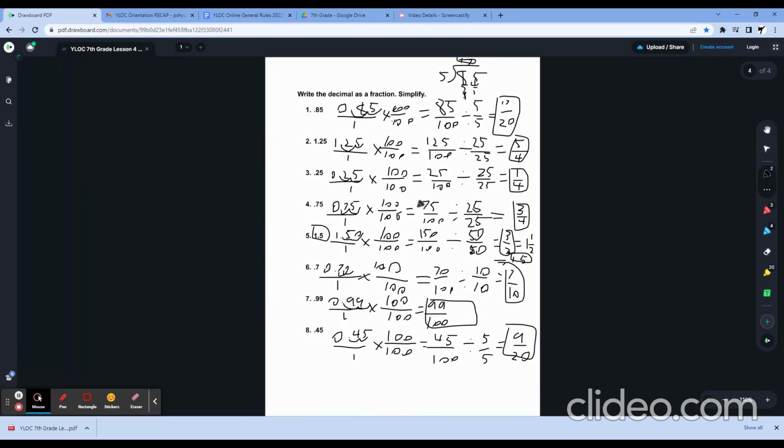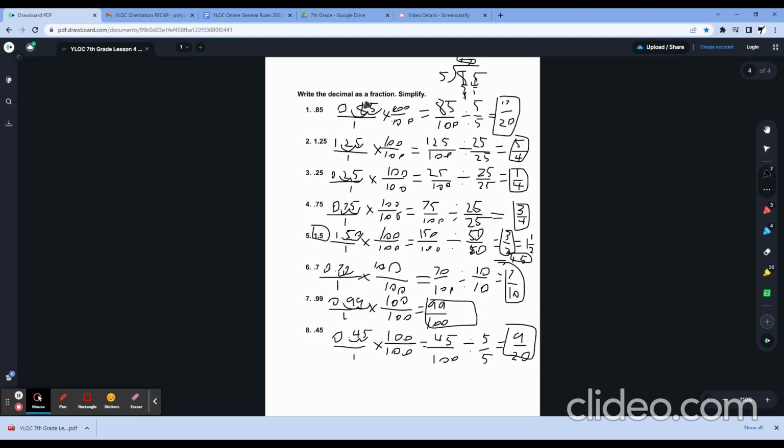Moving on to the next portion. So you want to write the decimal as a fraction. For number 1, set the given decimal over 1, because remember any number divided by 1 equals itself, so setting it over 1 is not going to change the value.